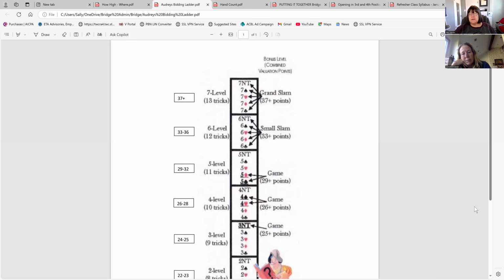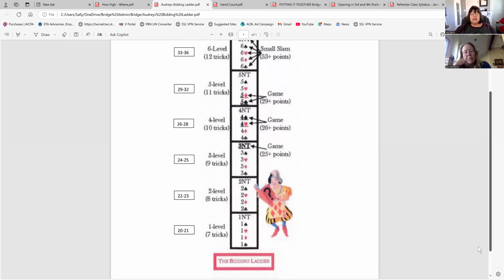To give us an idea of where we belong, how we can decide this how high idea, we look at the bidding ladder, which you are all very familiar with, having gone through beginning bridge and having played for a while. But just a reminder that if you have 20 or 21 points, that's probably around the 1 level because you have barely more than your opponents.